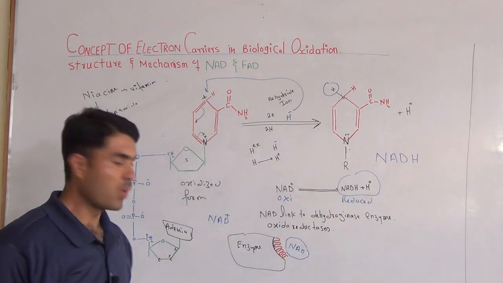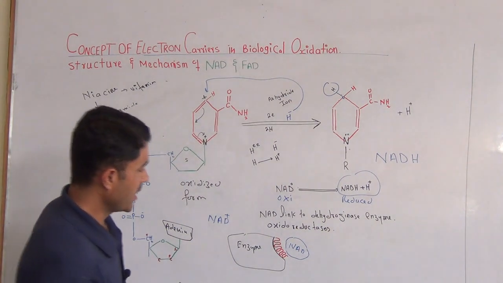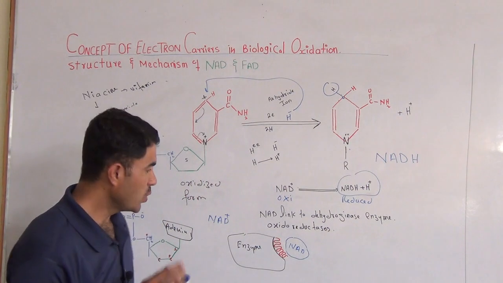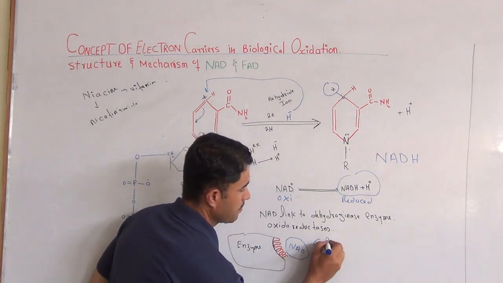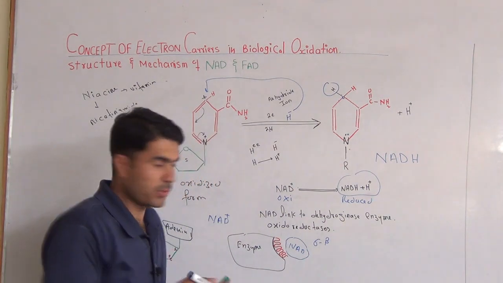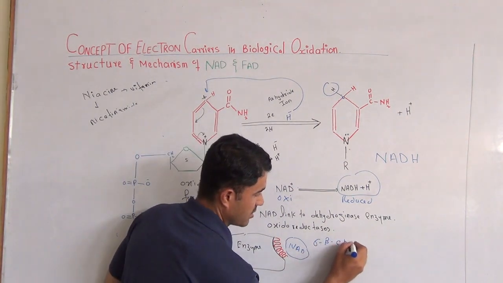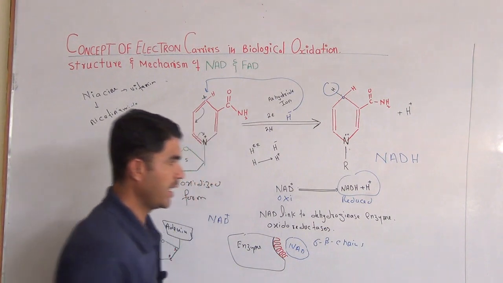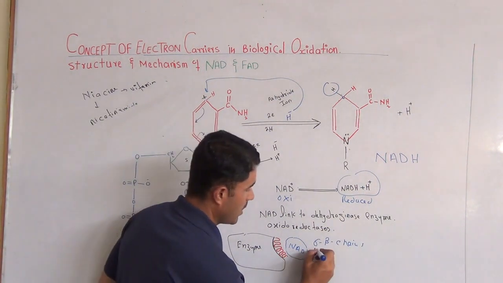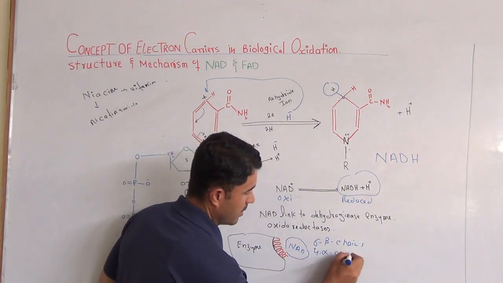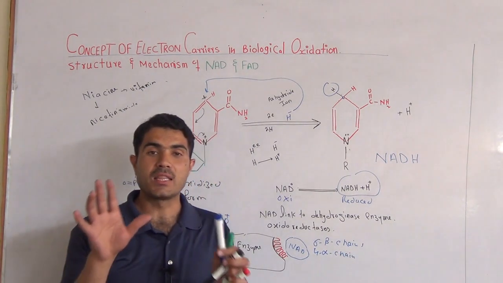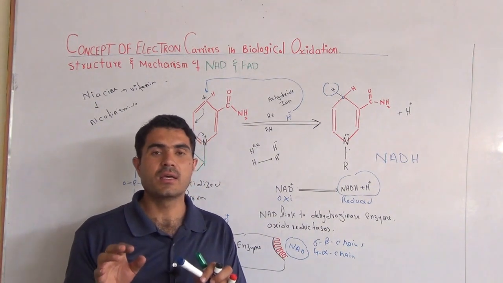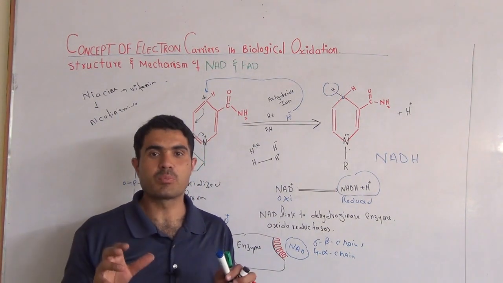And you know what you will find here in that protein chain? You will find 6 beta chains of protein and 4 alpha chains. Don't worry about alpha and beta. The alpha and beta are actually the organization of protein.